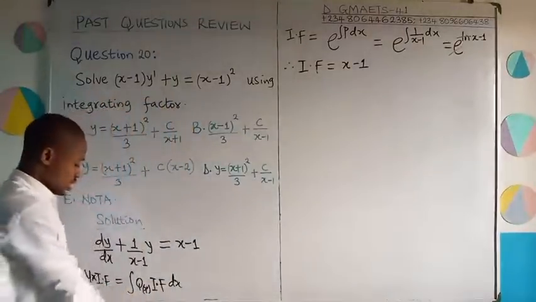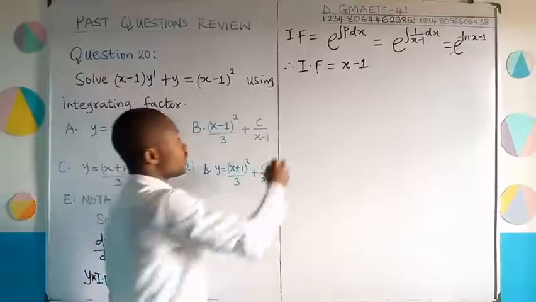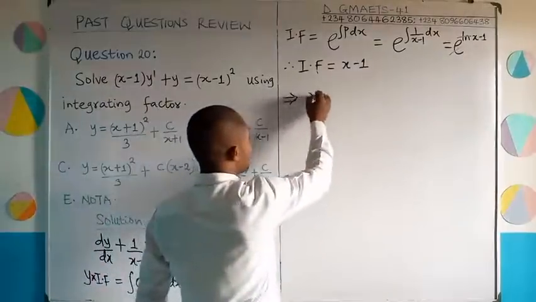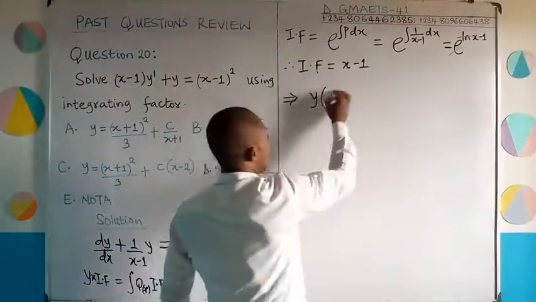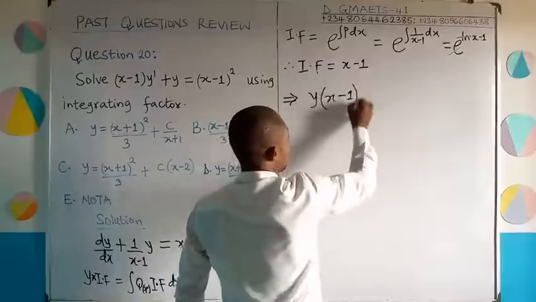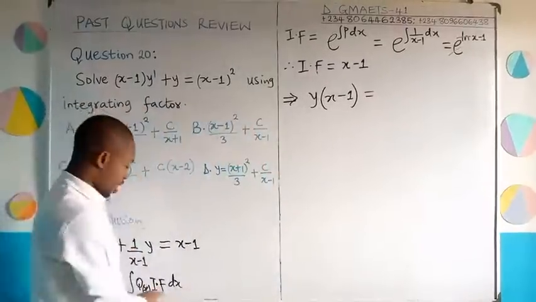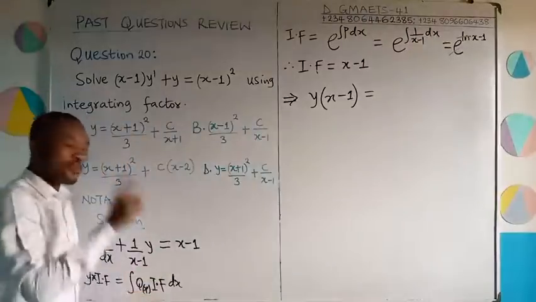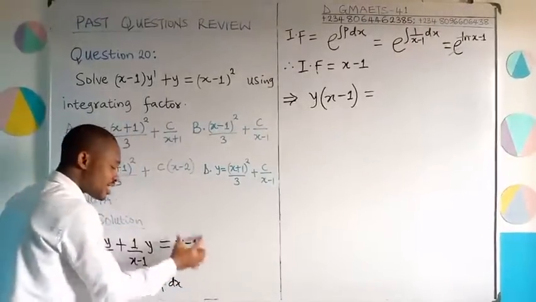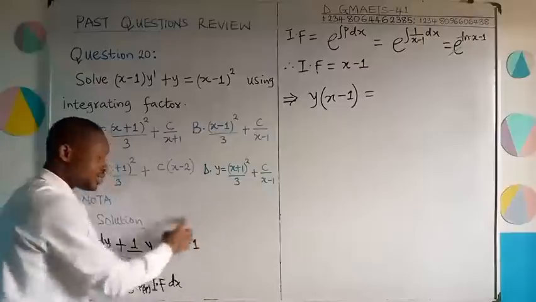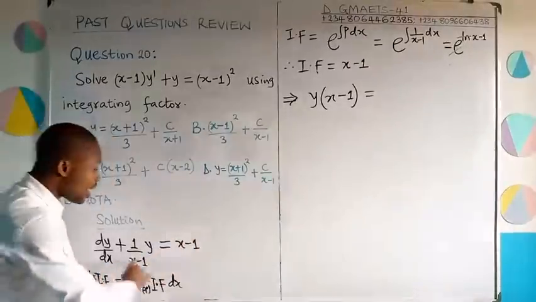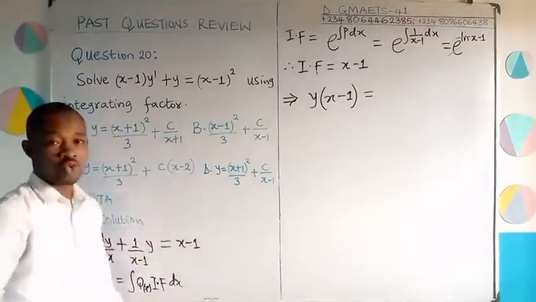Come to the formula and then substitute. The solution is y times the integrating factor, that is y times x minus 1, equal to the integral of q of x times the integrating factor. Our q of x is the function on the right hand side in the standardized linear first order differential equation, and here it is clearly x minus 1.